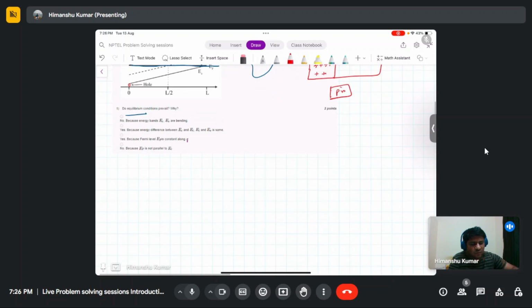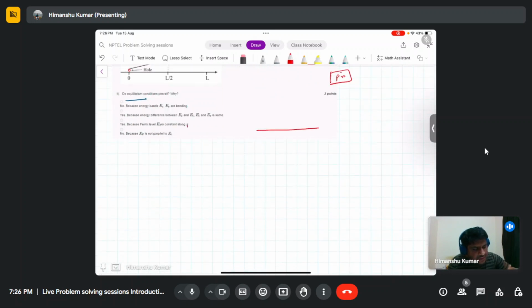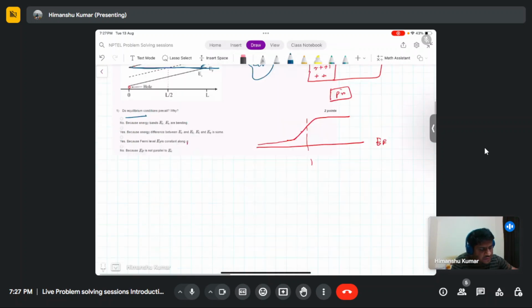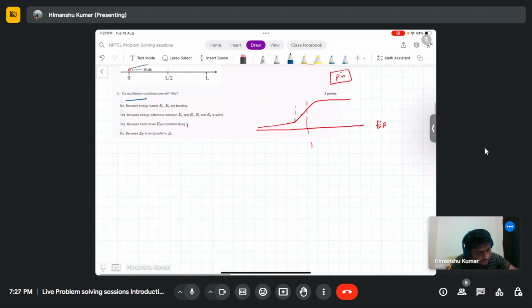In a PN junction in equilibrium, the Fermi level remains flat, but even then you have bending of the conduction and valence band within the junction region.